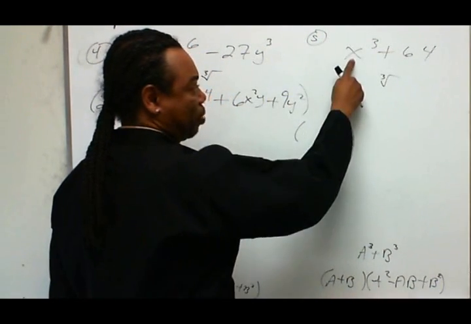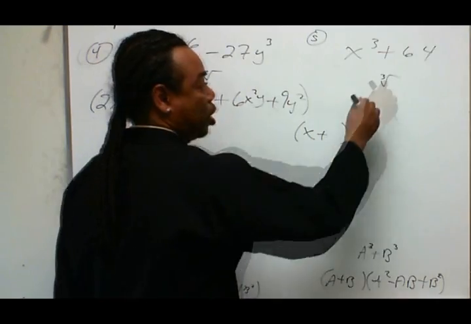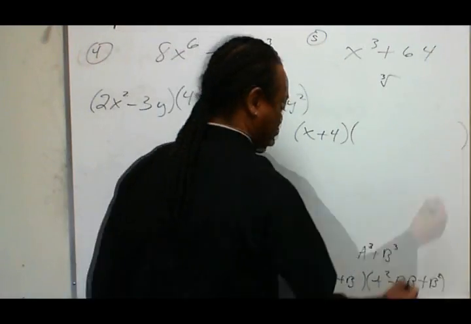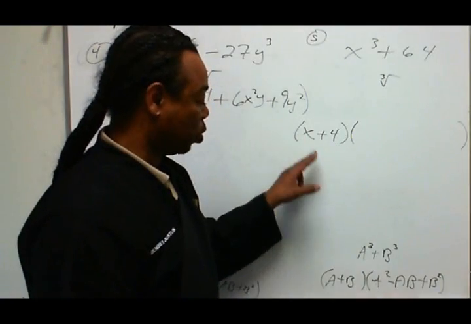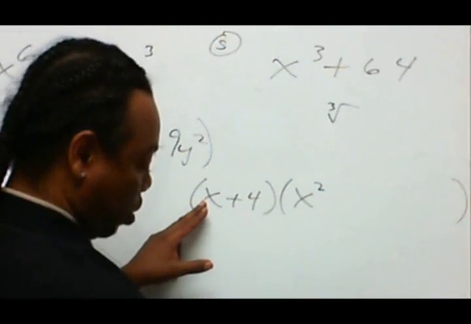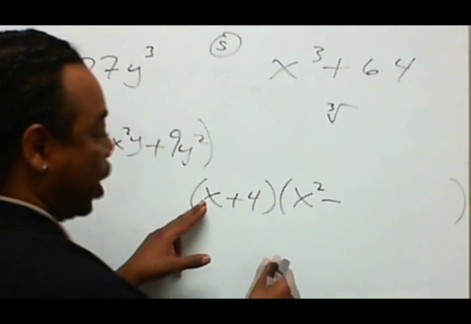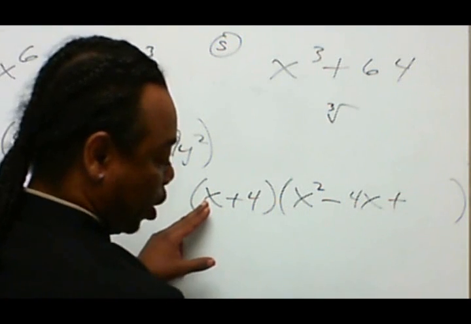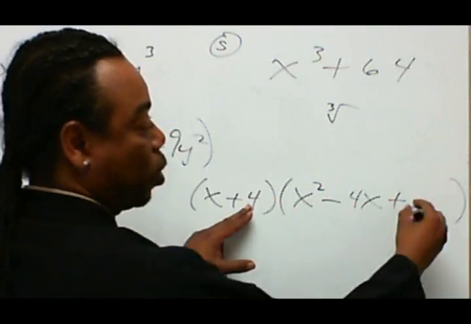So that's going to give me x and 4. Now, I'll take my simplified terms a and b, the x and 4, so this will be a squared. So x times x is x squared, then minus, and then a times b is x times 4, which is 4x, and then my plus, and then b squared is 4 times 4, which is 16.